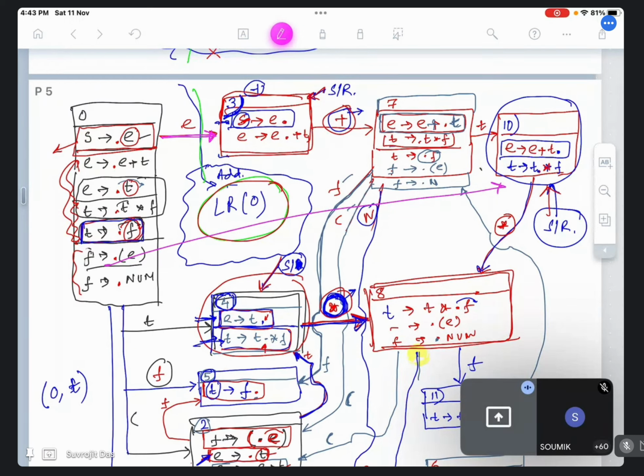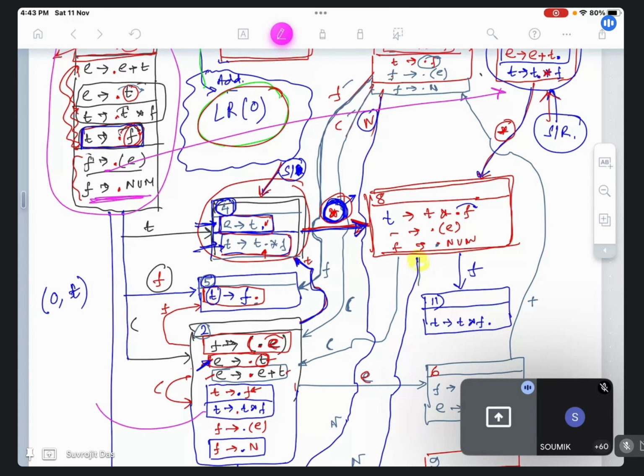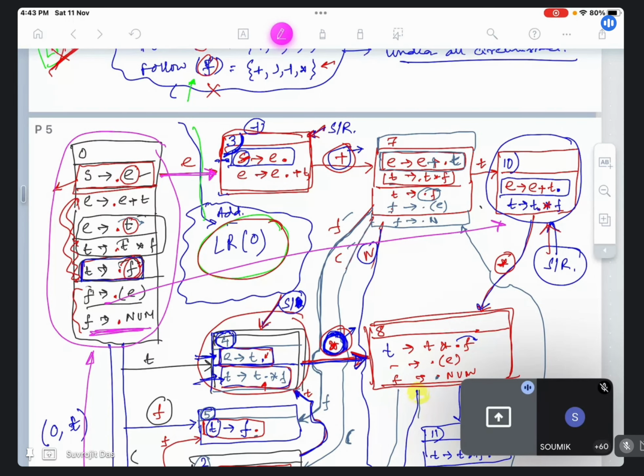That means you are in the middle of a derivation, right? Because in state number 0, you always start with F goes to num in bottom-up parsing. So in the middle of your derivation, you have returned to state number 0, and now you are trying to reduce with E goes to something. This E means pushing the left-hand side of the production that has E.